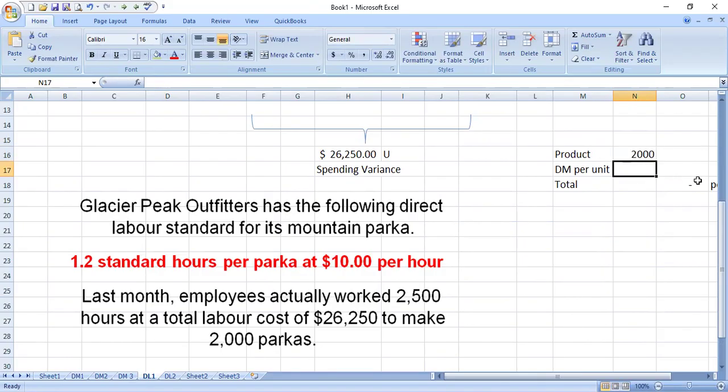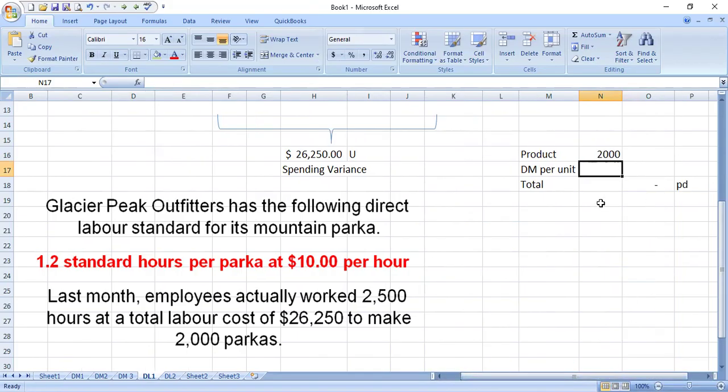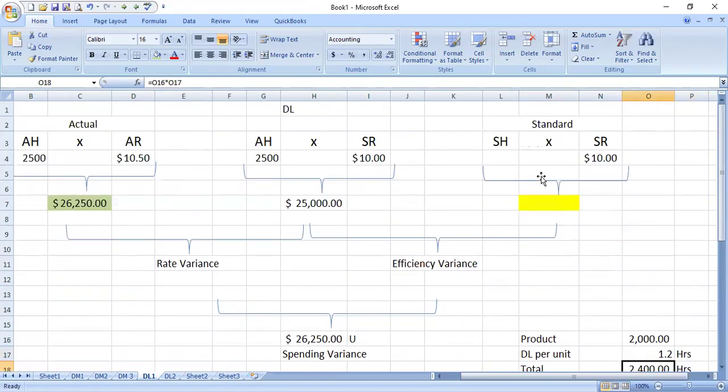In order to produce the 2,000 products, I'm supposed to use direct labor per unit. In this case, it will be 1.2 hours. So based on my standards, I'm supposed to use 2,400 hours. So that will be 2,400 here.